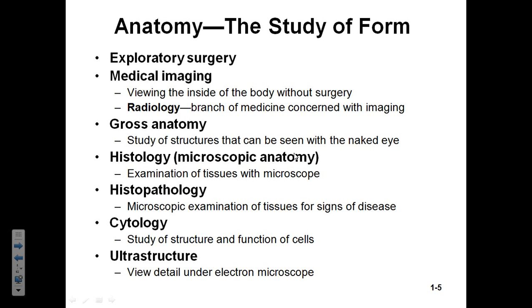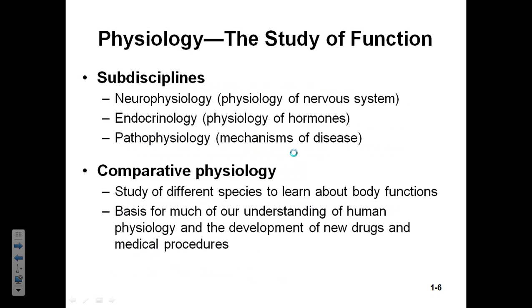Nucleus, cytoplasm, vacuoles. Okay, so these are what we call what? Ultrastructures that are located inside of a what? Cell. Either animal cell or plant cell. Perfect.